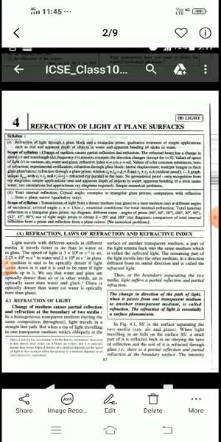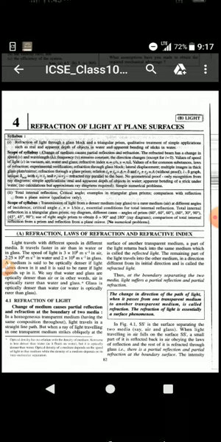The very first thing is you have to understand the difference between refraction and reflection. Reflection means light is thrown out of a surface. When light falls on a rough or a plane surface, it is sent back in another direction. That is called reflection.